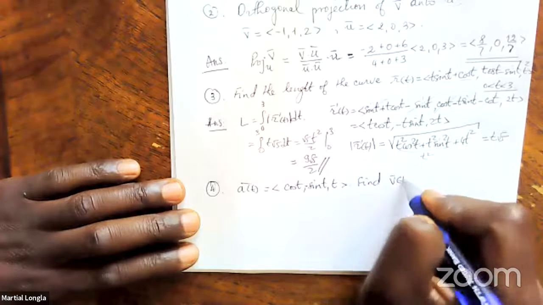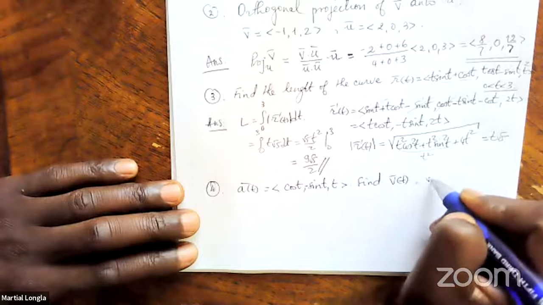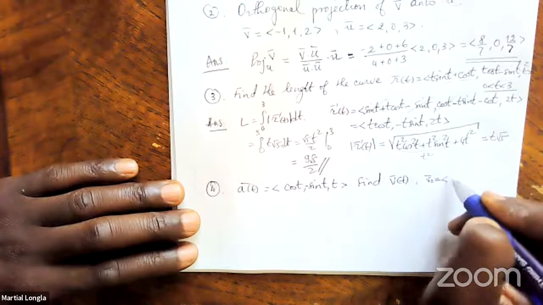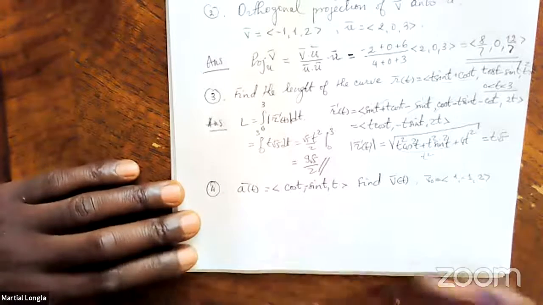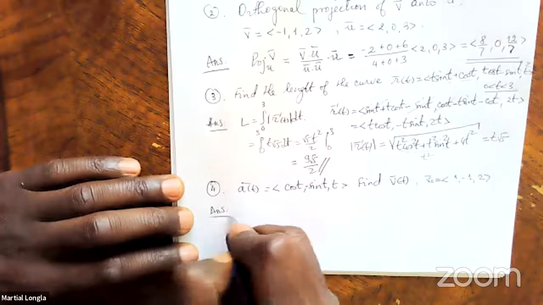Find v of t, knowing that v0 equals 1, -1, 2. Simple application of the formula.